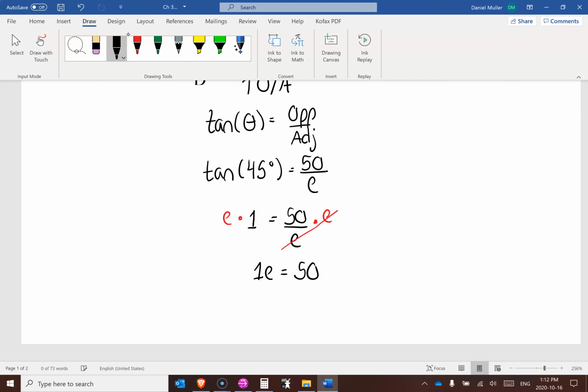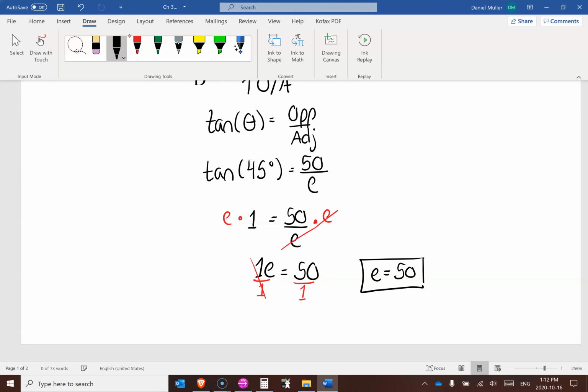And then here you have two options. 1 times anything is just whatever it is. So 50 times 1, 75 times 1, 100 times 1 is just 50, 75, and 100. So 1 times E is just E. Or if you did have the 1 here, you could divide by 1, and you would get E equals 50 over 1, which is 50.